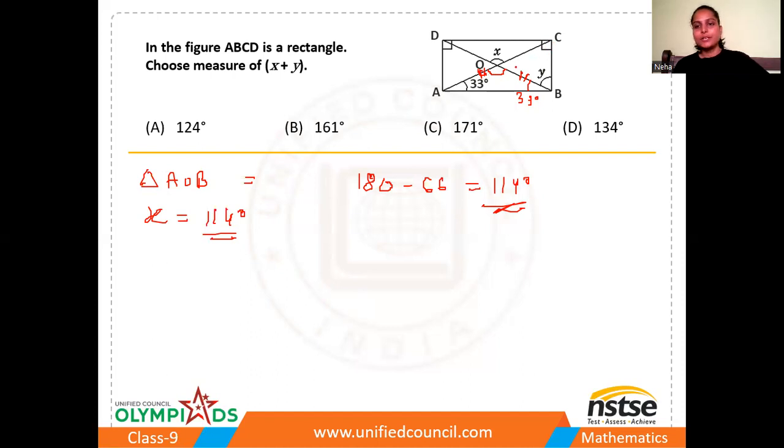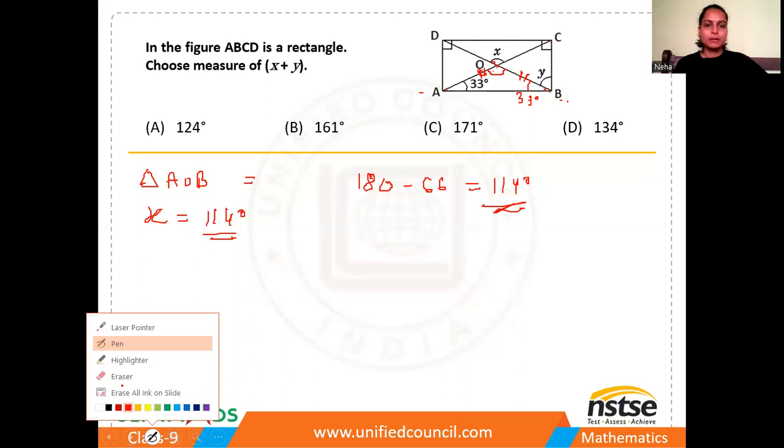Okay. Now, my dear students, let me take the triangle. As we know that angle OAB plus angle OBA plus angle OBC, right? This angle is what? This angle is 90 degrees, right?